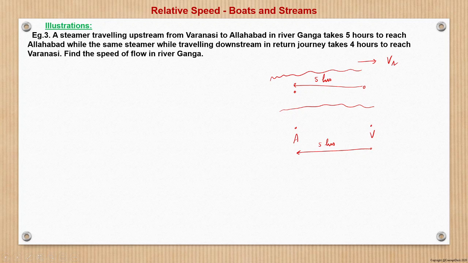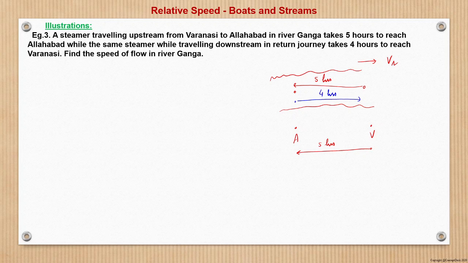While the same steamer, while traveling downstream in return journey, takes 4 hours. So now from Allahabad in downstream to reach to Varanasi, it takes 4 hours.